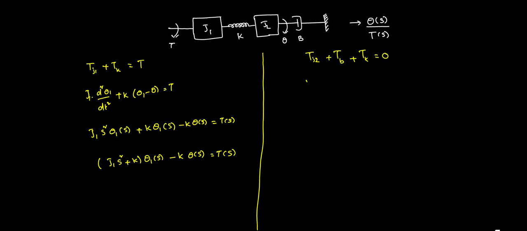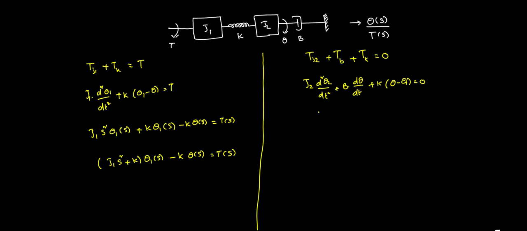I am writing this as J2 d square theta 2 by dt square plus B d theta by dt plus K into theta minus theta 1 is equal to 0.